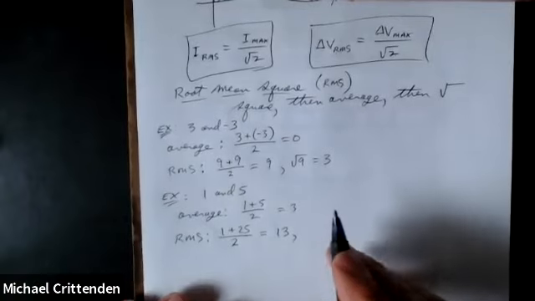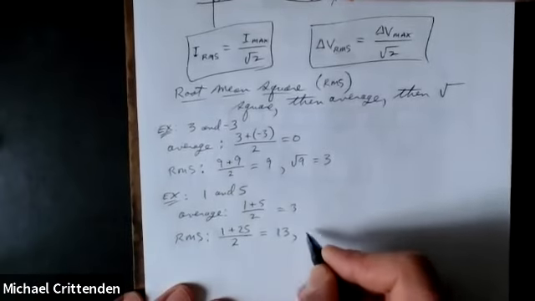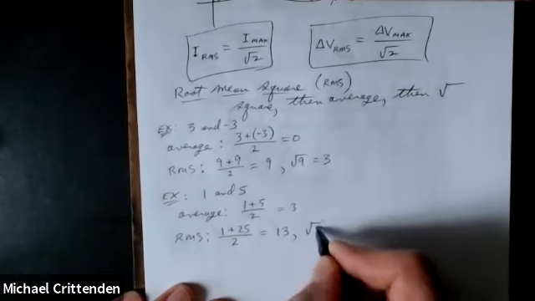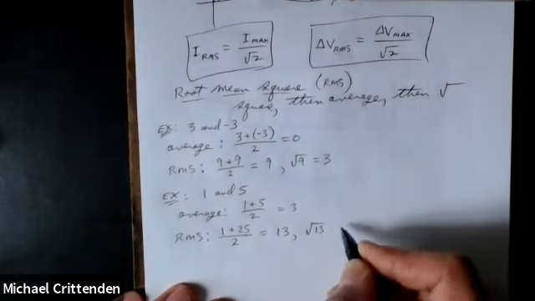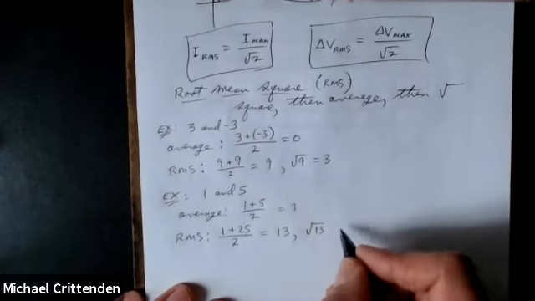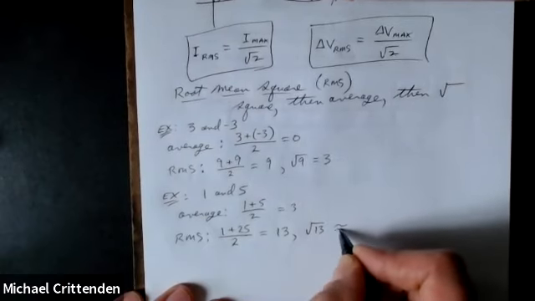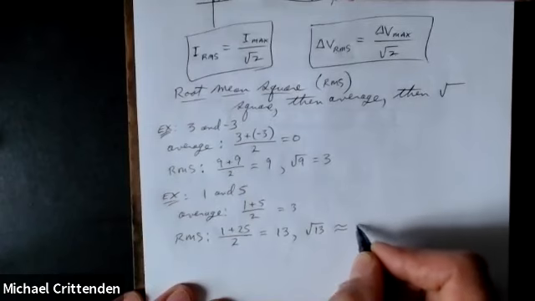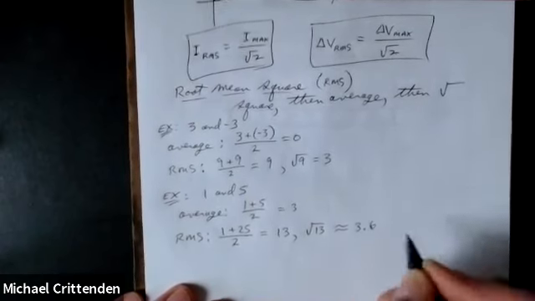And then you take the square root. Square root of 13 is definitely not equal to 3. If you round it off a little bit, it's around 3.6.